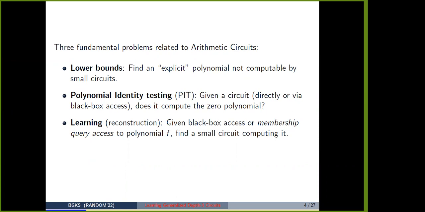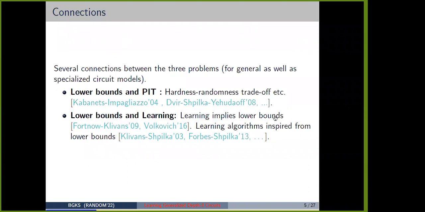The third problem is learning, also known as reconstruction, which is the main focus of this talk. Here, you're given black box access to a polynomial, and your aim is to come up with a small circuit computing that polynomial.